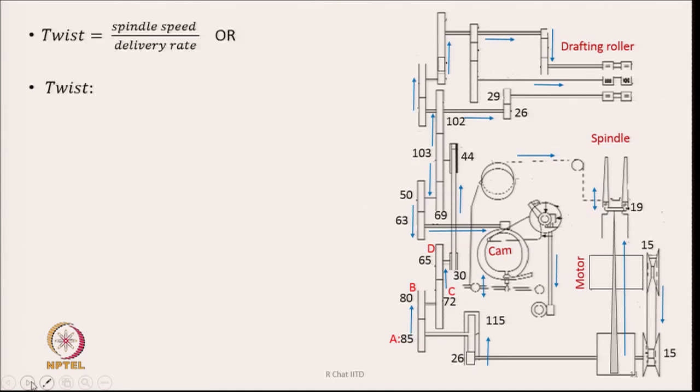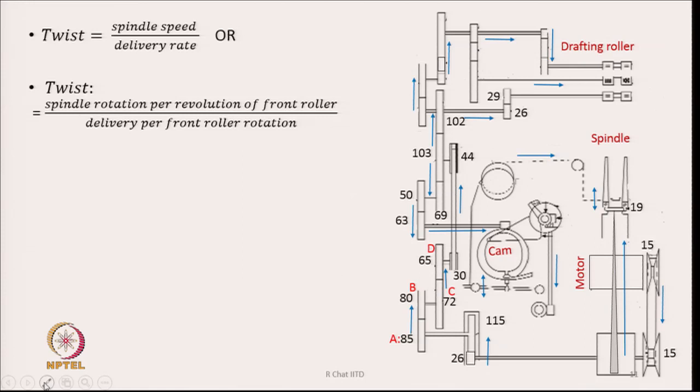So, twist is spindle speed divided by delivery rate, or twist could also be spindle rotations per revolution of the front roller divided by delivery per front roller rotation.